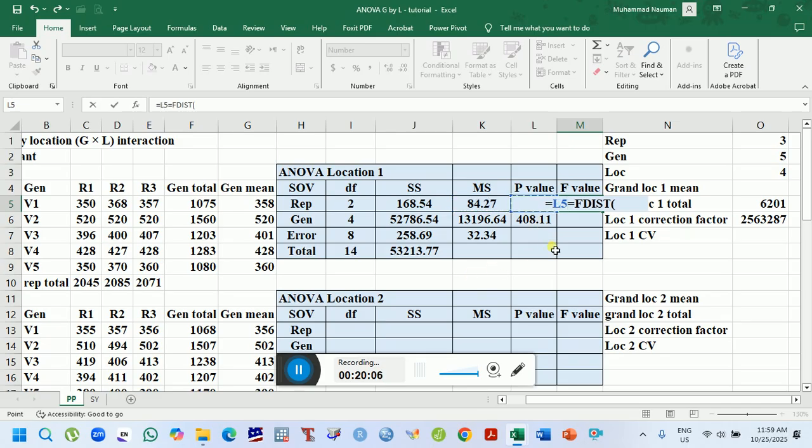Make the selection, comma, p-value of replication, and now we will select the replication degree of freedom, comma. Sorry, we will rewrite this formula.